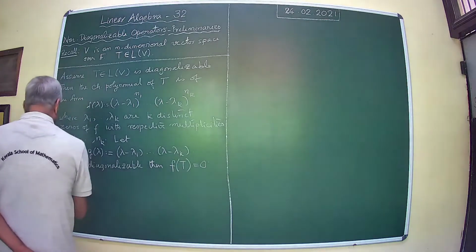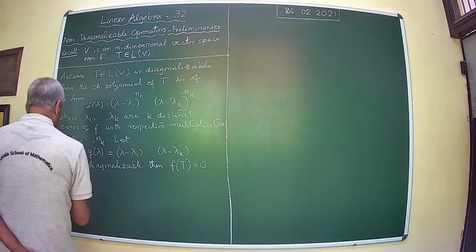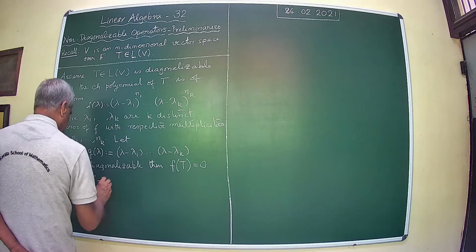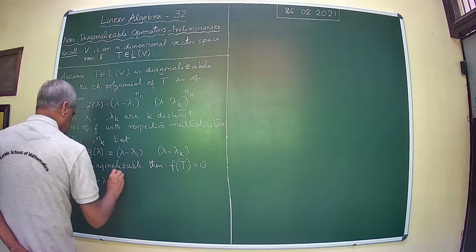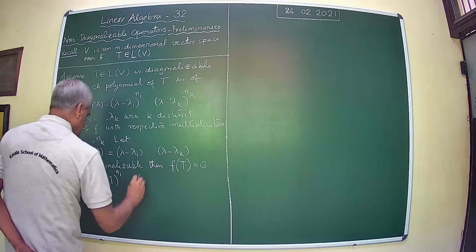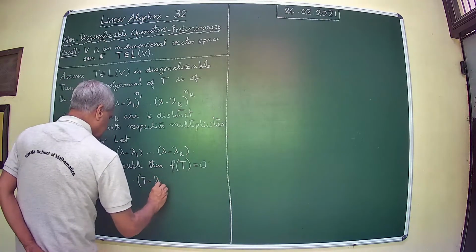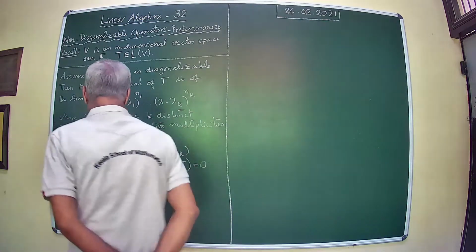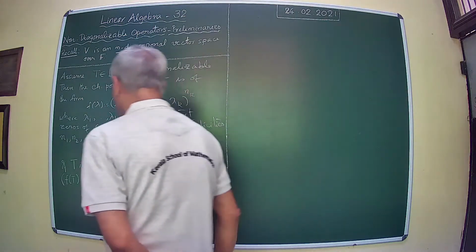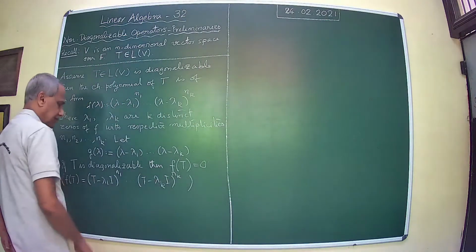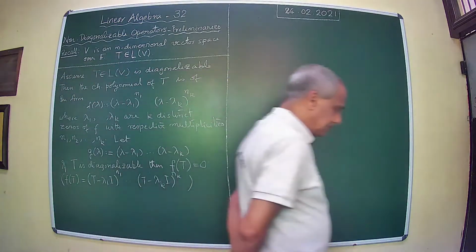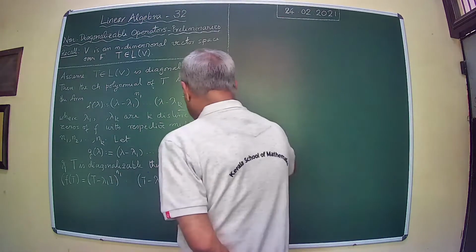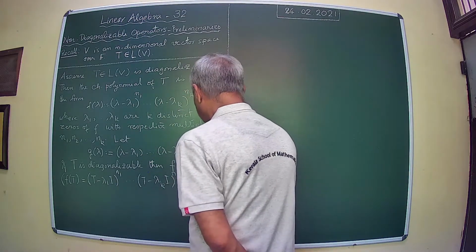That is f of T becomes the zero linear transformation.